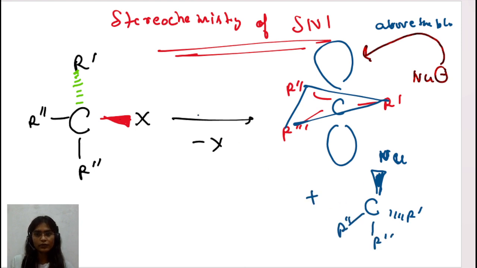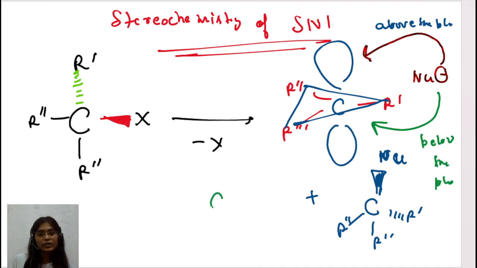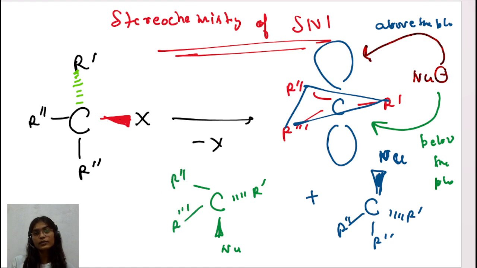Or condition number two: maybe the nucleophile attacks below the plane. Let's suppose this side, the green one, is below the plane. Then my nucleophile will be like this, below the plane, and the R groups will remain the same: R dash, R double dash, and R triple dash. Did you notice something here?